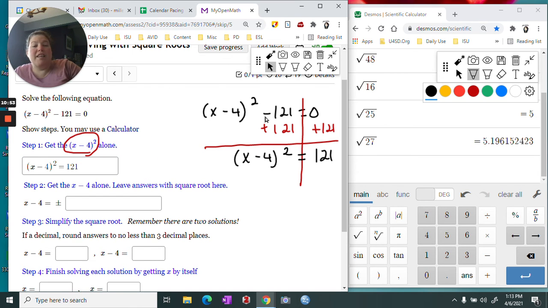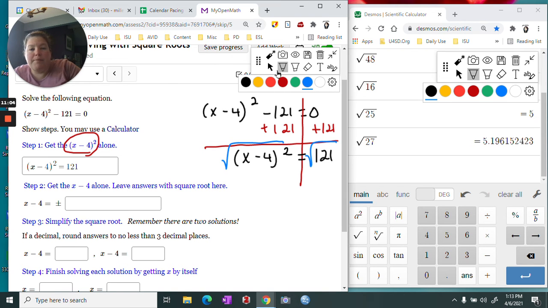Now get the x minus 4 alone. So I need to get rid of our exponent of 2, so that means I'm going to square root both sides. When I square root both sides, squaring and square rooting undo each other, so we're left with what is underneath our square root symbol.